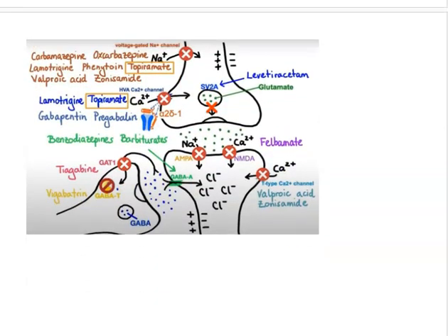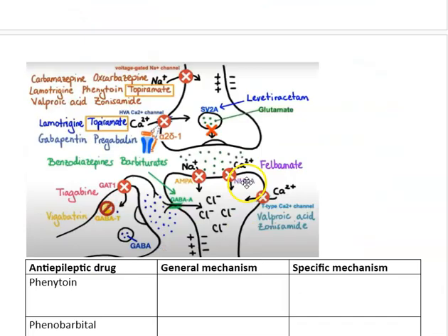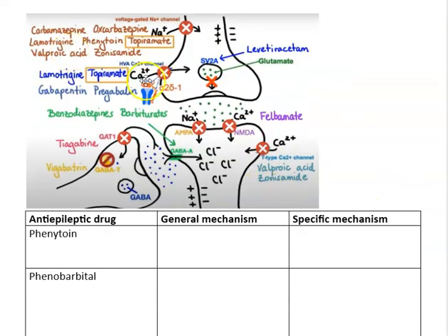All right, so in general, you'll notice that in your handout, the next pages, actually your handout looks more like this. So this image will be here, and you'll have this table. And what I want you to think about is, okay, this phenytoin is right up here, and it looks like it's doing this.